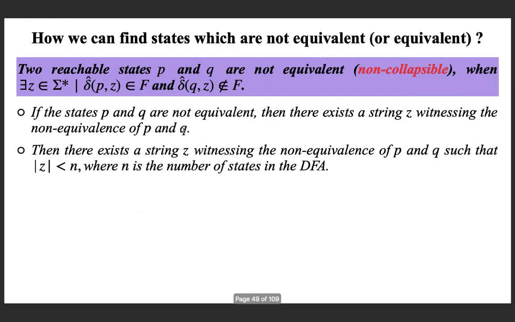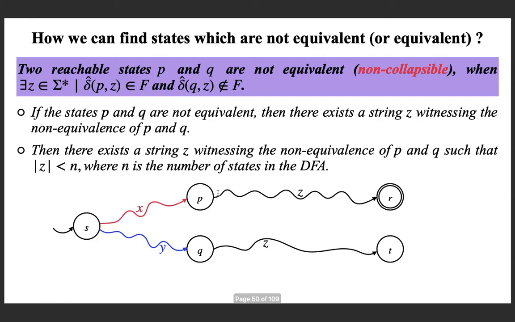So we need to find a string Z which witnesses the non-equivalence of P and Q. And if there exists a string Z distinguishing P and Q, then the claim is that there exists a string with length at most L. Suppose these are non-equivalent. Why are they non-equivalent? By this definition, there exists a string Z such that the path for Z goes to a final state from P and a non-final state from Q.